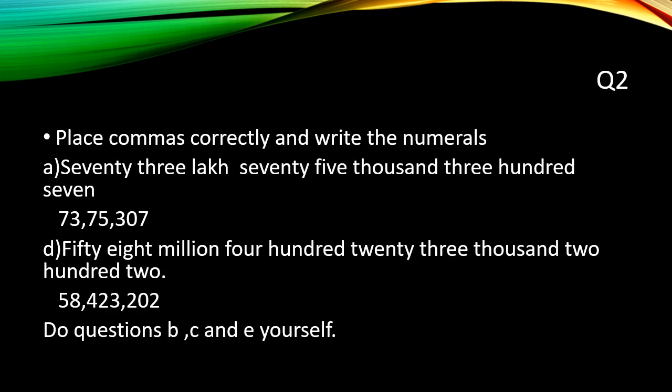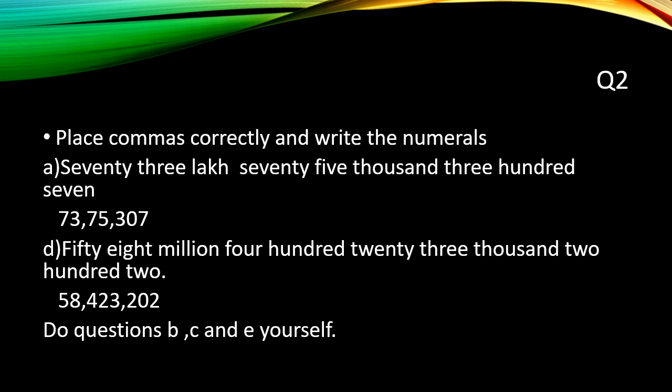Question 2. Place commas correctly and write the numerals. 73,75,307. We know that in Indian system of numeration, we group numbers from the right in a group of 3 and further in a group of 2.